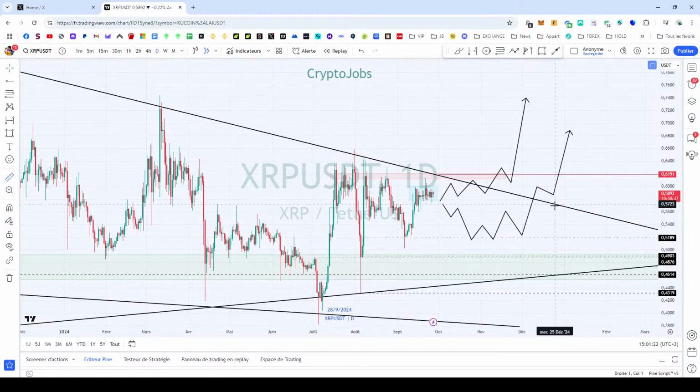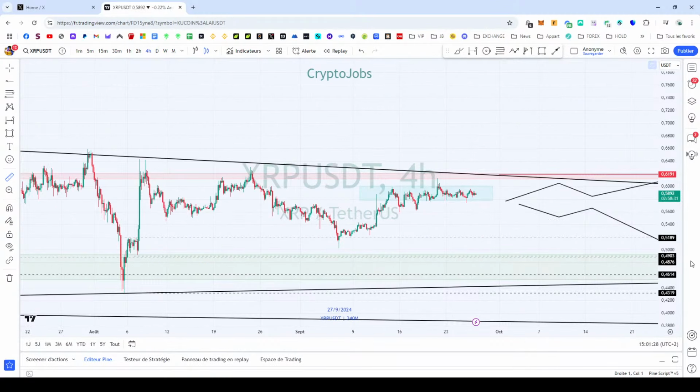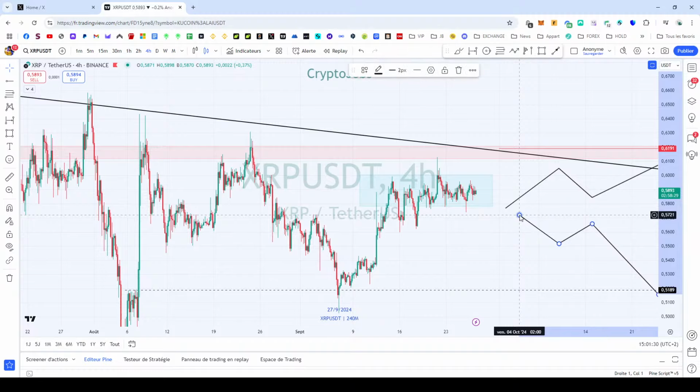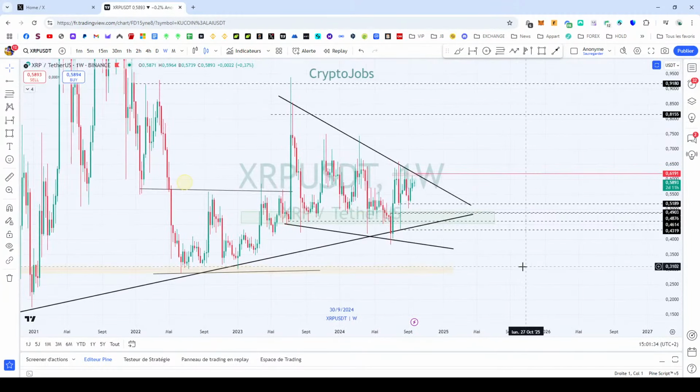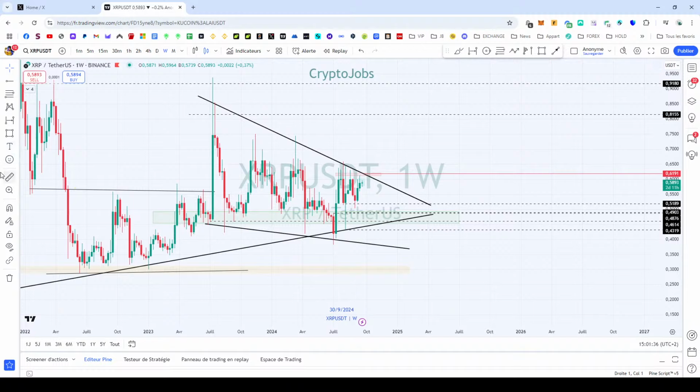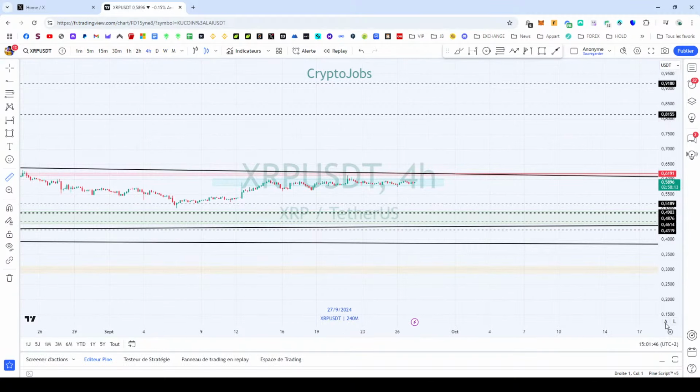We can see another dump before a pump, but I think at the 0.5, 0.552, you will have a very good entry on XRP. And if you look at the weekly, honestly, I don't see prices falling below the uptrend, except if Bitcoin is nuking to 30k or 40k, but it won't happen right now.